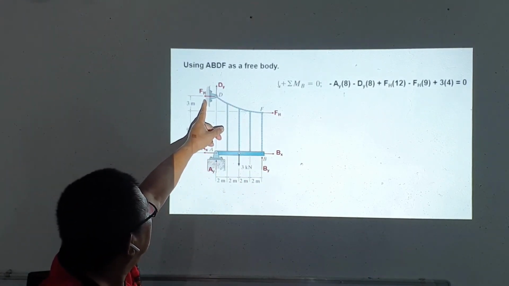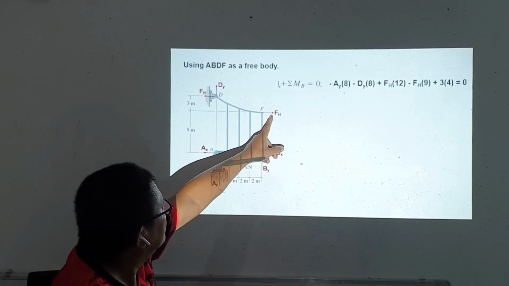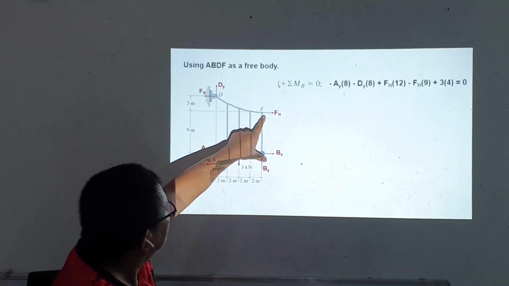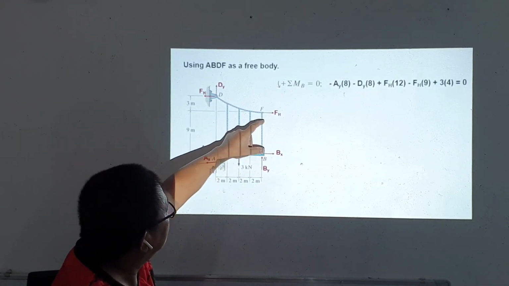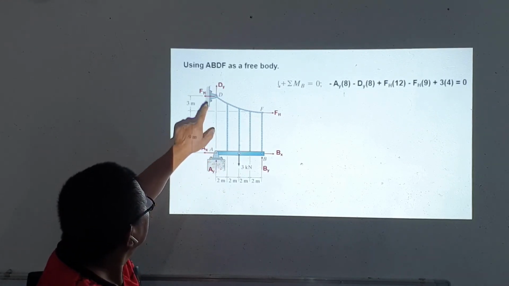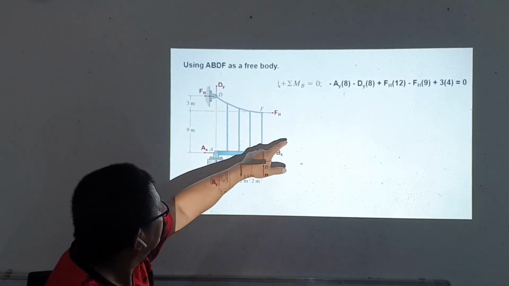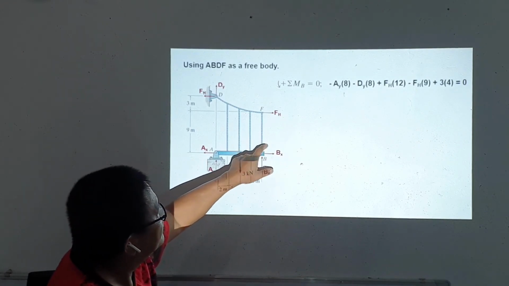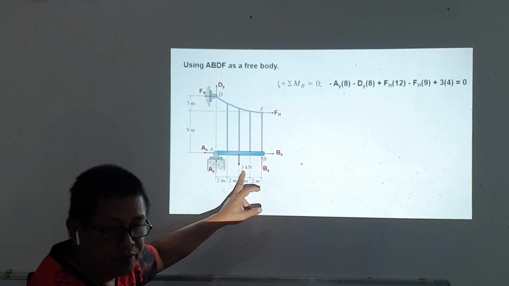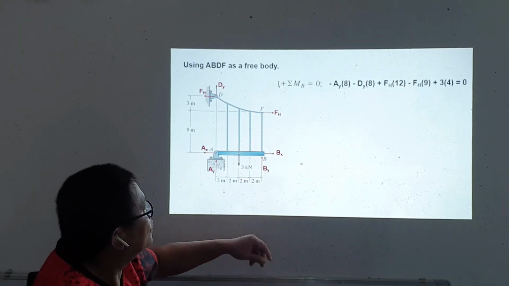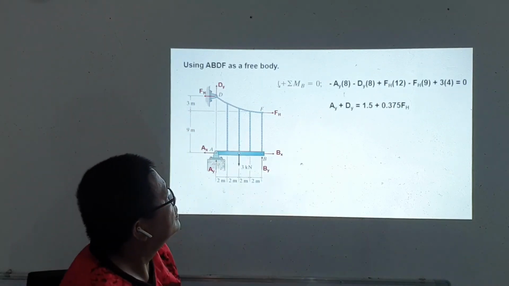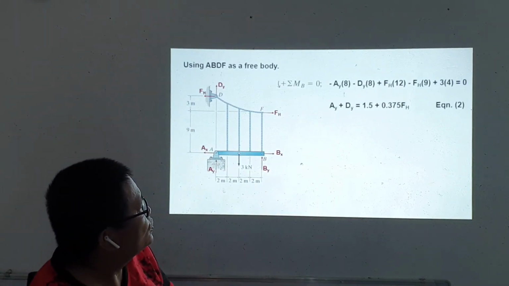Then we have Fh at point F times 12, 9 plus 3 is 12, then minus Fh times this distance, which is 9. Fh here is positive, while Fh here is negative. And then plus the applied load here of 3 kilonewtons times 4. So we have another equation of Ay and Dy, and this will be our equation number 2.